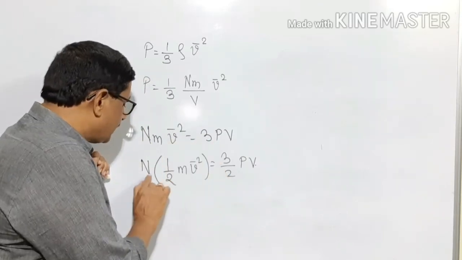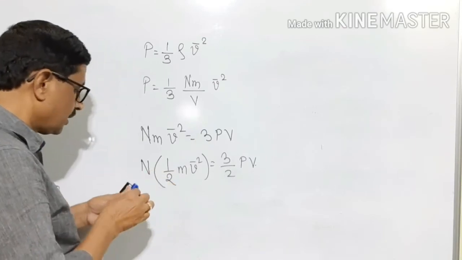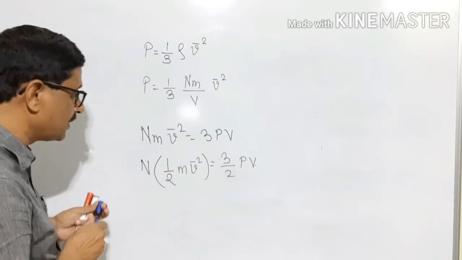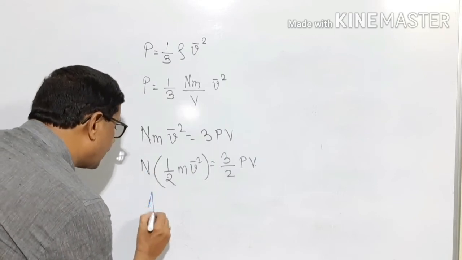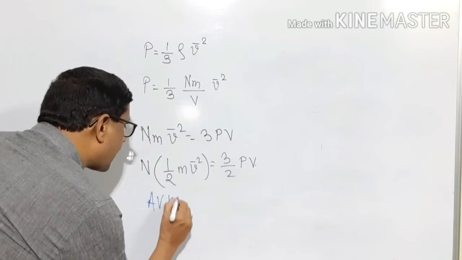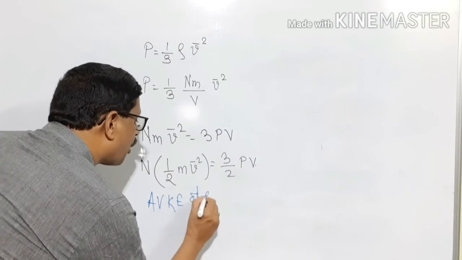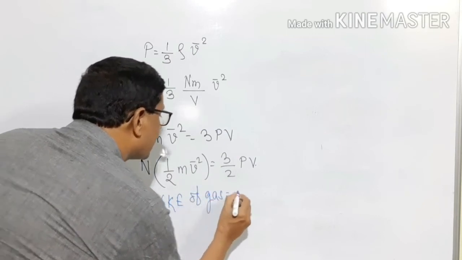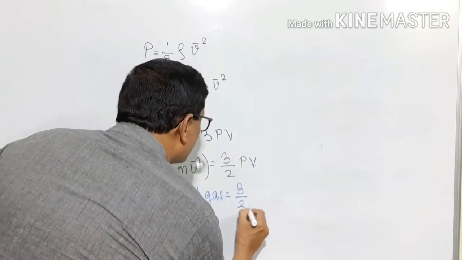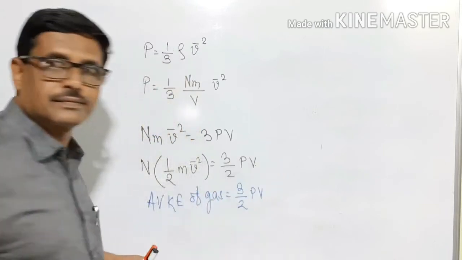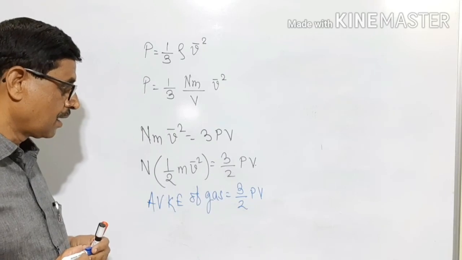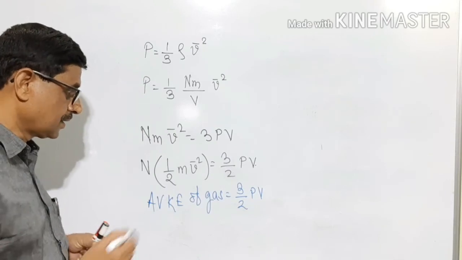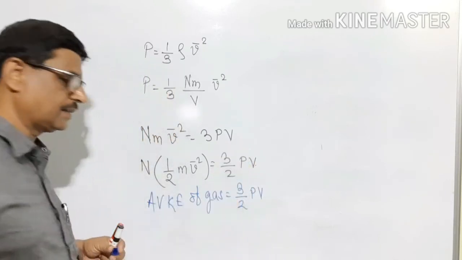And there are N number of gas molecules. Therefore, for N number of gas molecules, the average kinetic energy of gas is equal to 3 upon 2 PV.